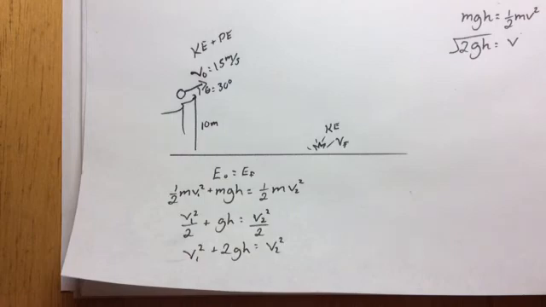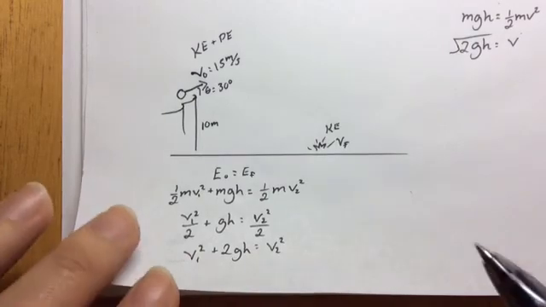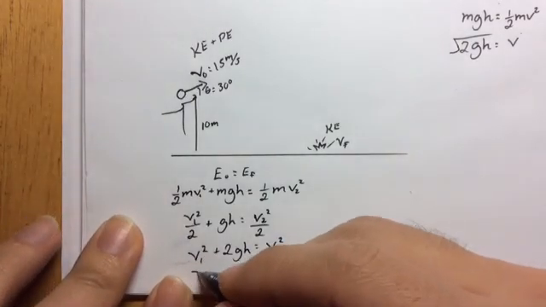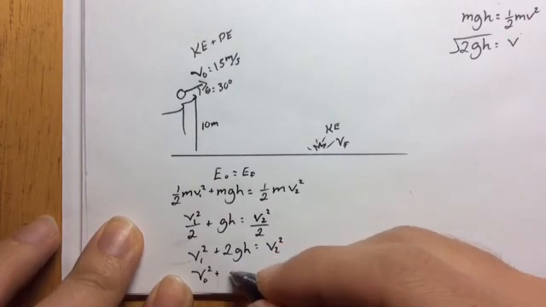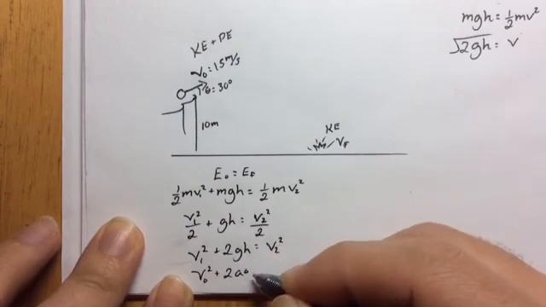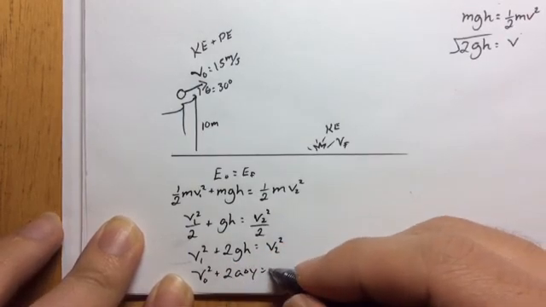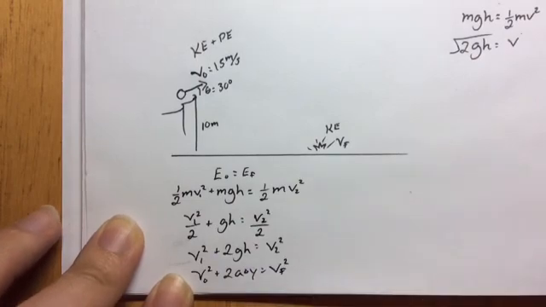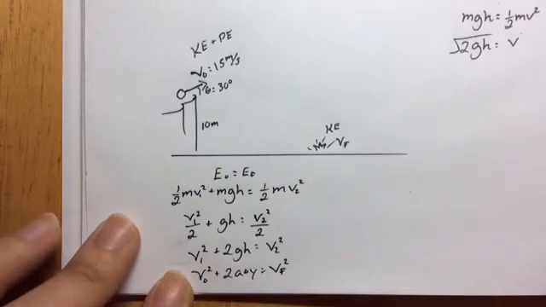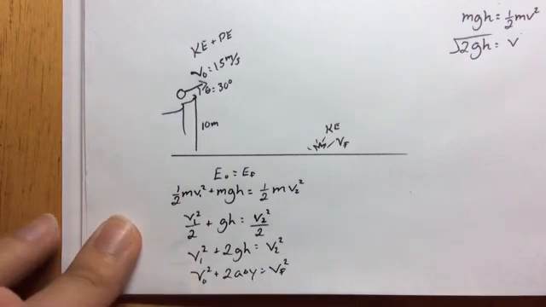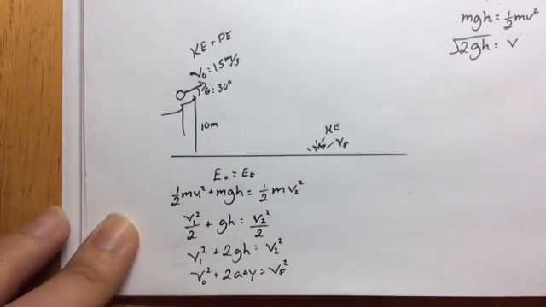Did you say, oh, that looks like something else that we're using? What is that? v initial squared plus 2 times acceleration times change in position equals vf squared. That's the equation we've been using the whole time, right? Don't get too upset about that.